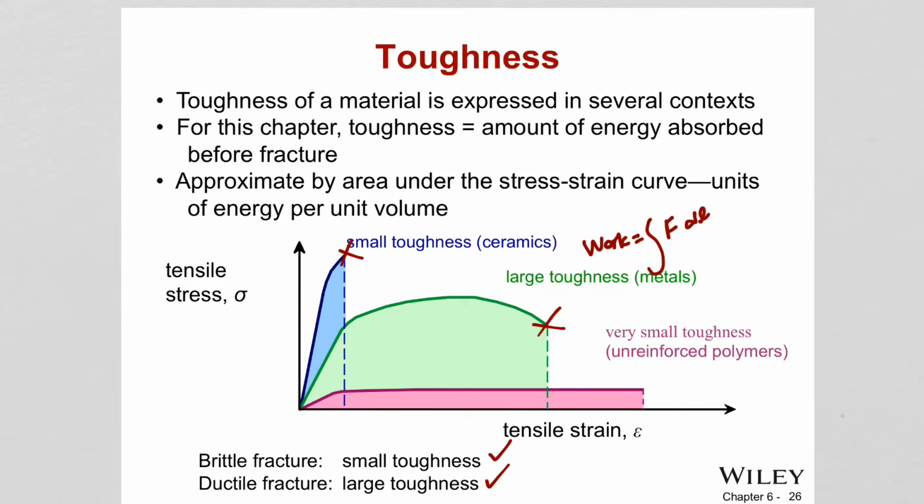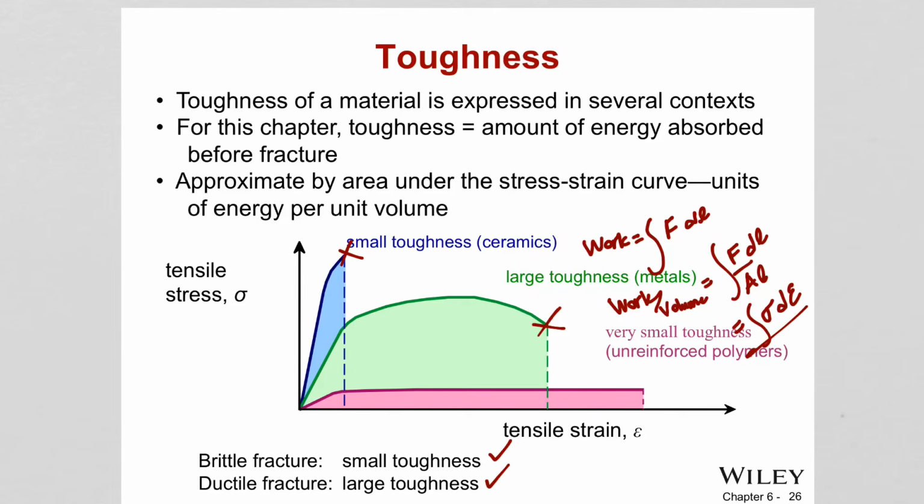So what about work or energy per volume? We divide by the volume, which is area times length. Force over area is stress, dL over L is the strain.